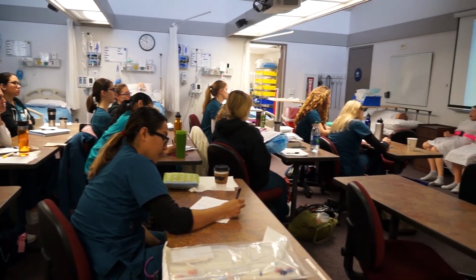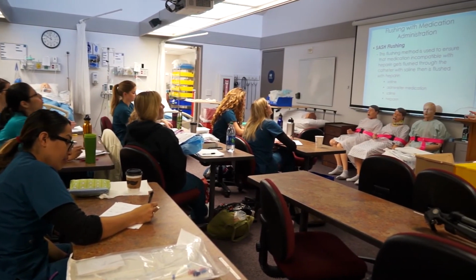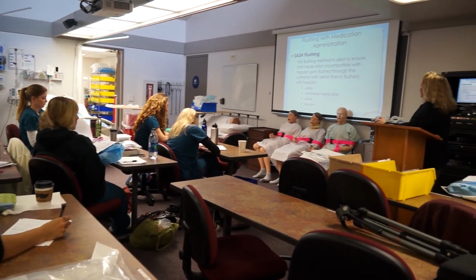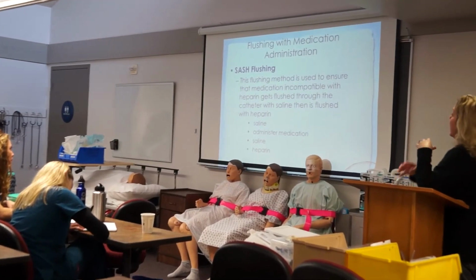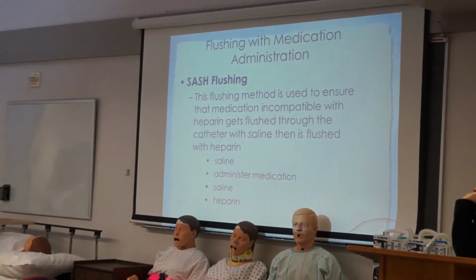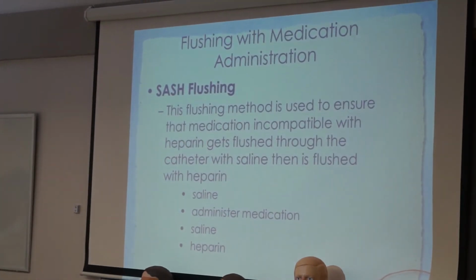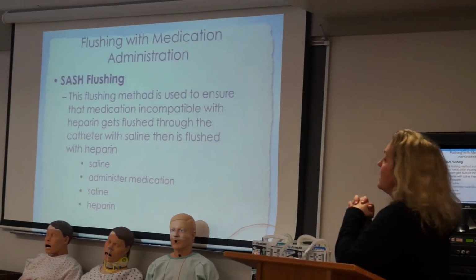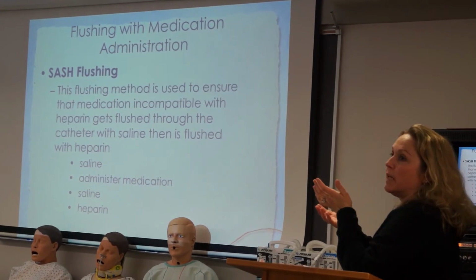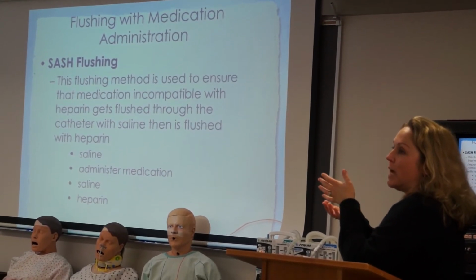All right, SASH. Everyone's heard of SASH? SASH is really important. Let's say I have a central line, and I've got some D5W infusing, and I need to give some medication, IV push. And I don't know if this is going to be compatible with my D5W or not.